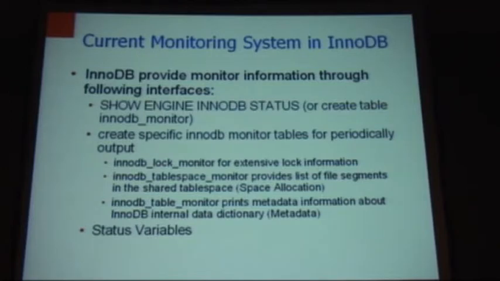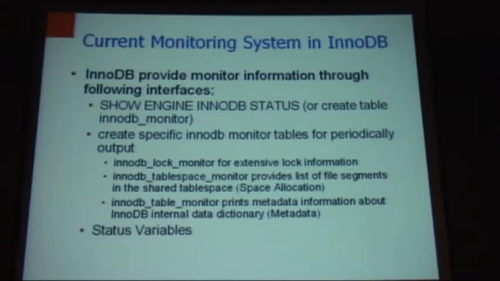There are three types of monitor tables. The lock monitor gives you more information about the locking happening in InnoDB. The tablespace monitor essentially gives you the space allocation information.